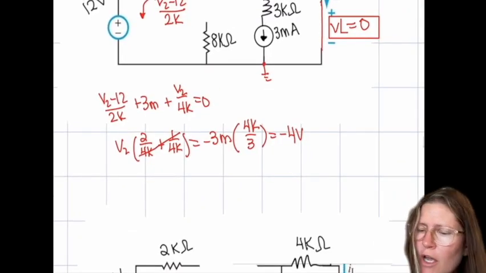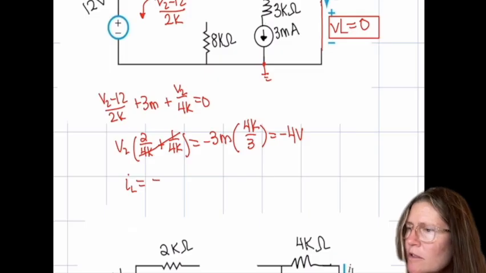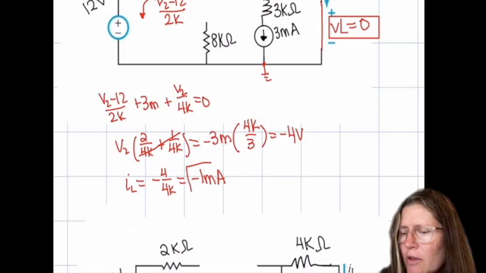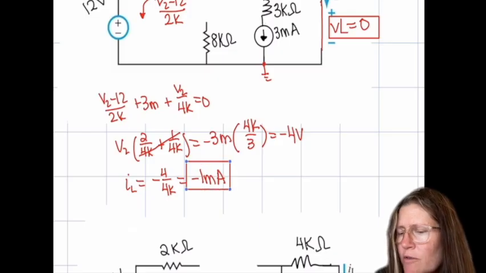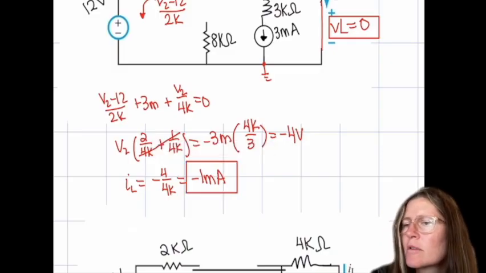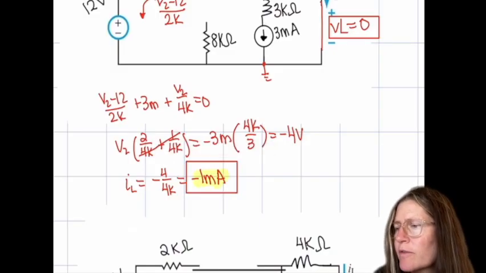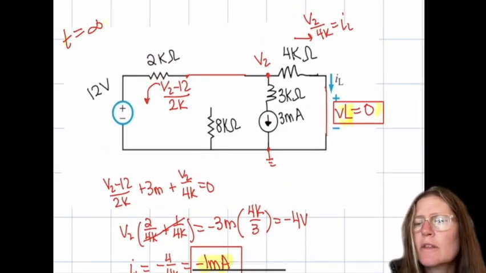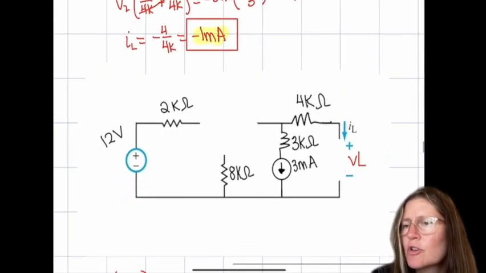So now IL is minus 4 over 4k, for a minus 1 milliamp. So this will be the final value for the current IL. So VL is 0, and this is our final stage.